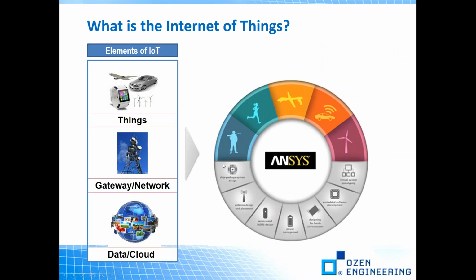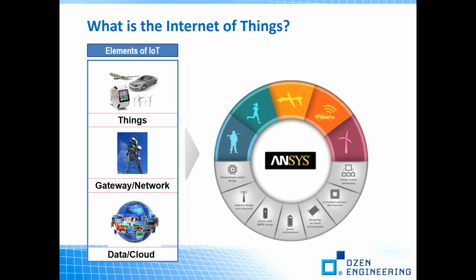Our topic today is focused on using HFSS for antenna design for IoT applications. So let's see what exactly IoT is. The IoT, or the Internet of Things, is a network of smart products, or let's say things, that use embedded sensors, software, and electronic components to communicate with each other over a network.